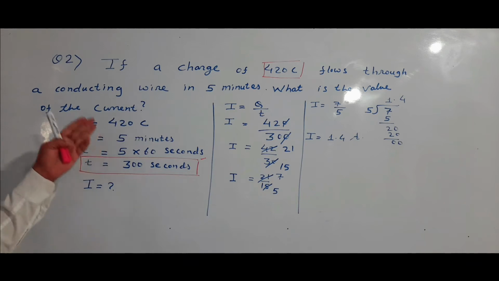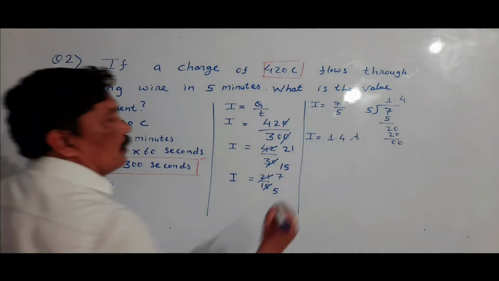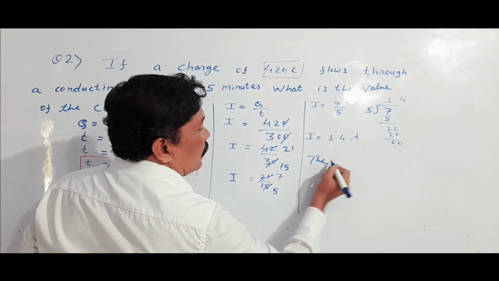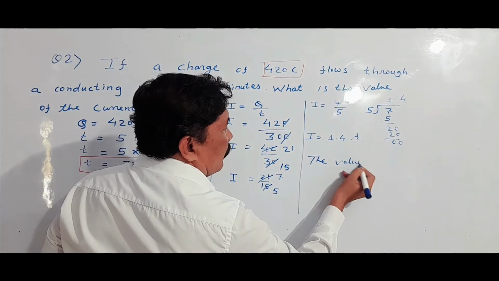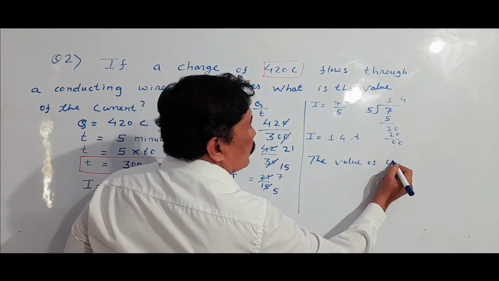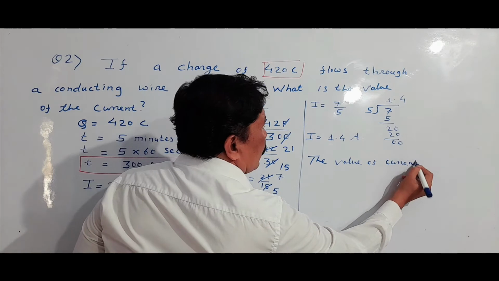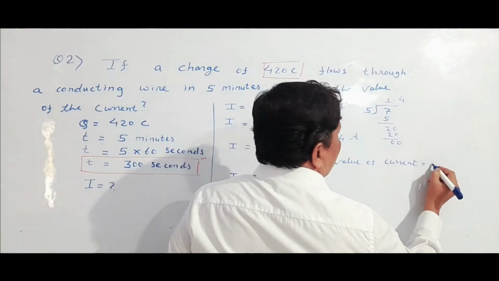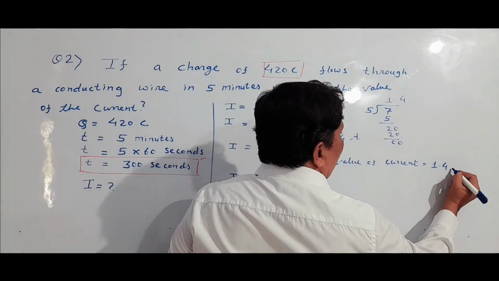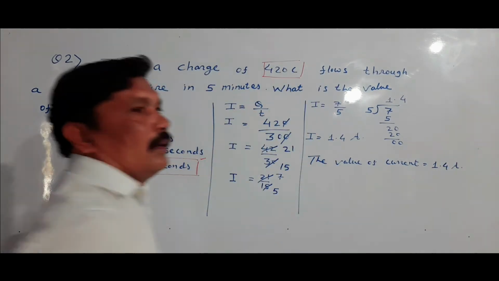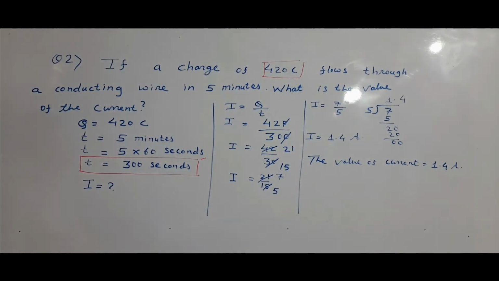What is the value of current? The value of current is equal to 1.4 ampere. Let's see the next problem.